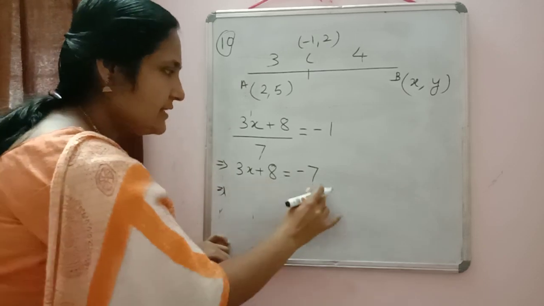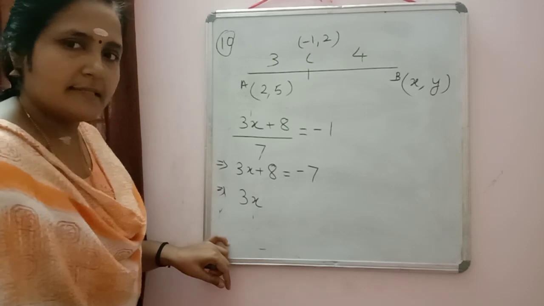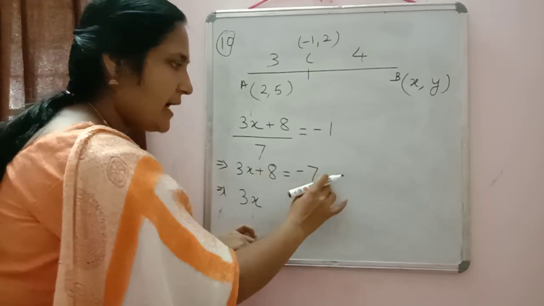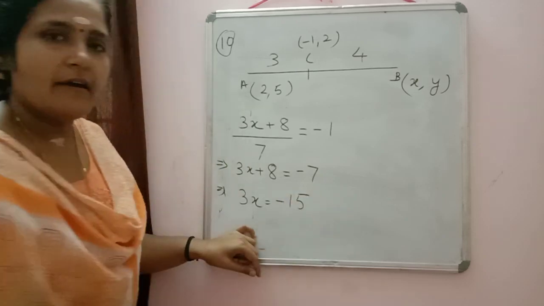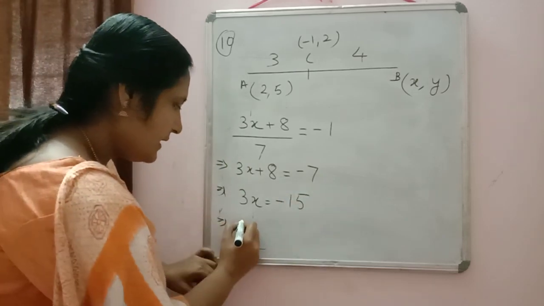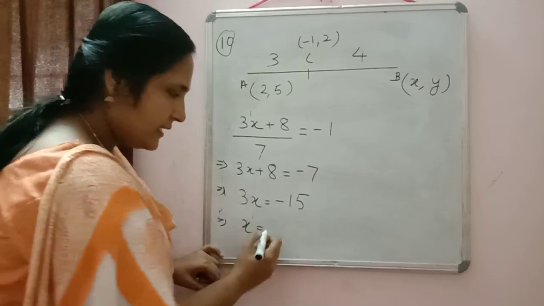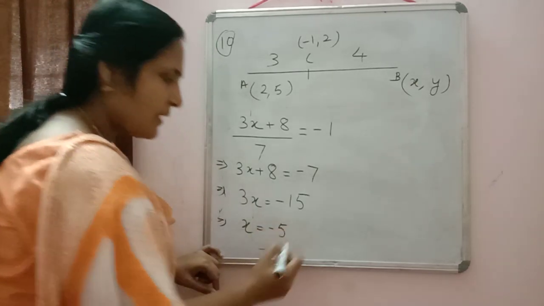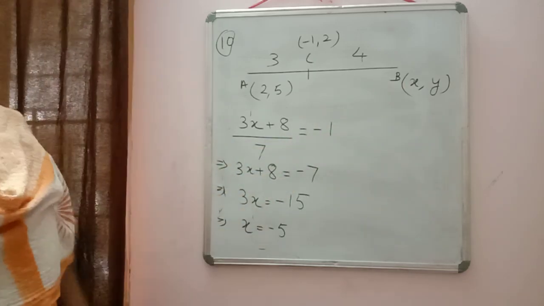Now plus 8 we will shift to the right hand side, plus 8 will become minus 8. Minus 7 minus 8 will be equal to minus 15. Then x is equal to minus 15 divided by 3, so that will be equal to minus 5. We got the x coordinate of B as minus 5.